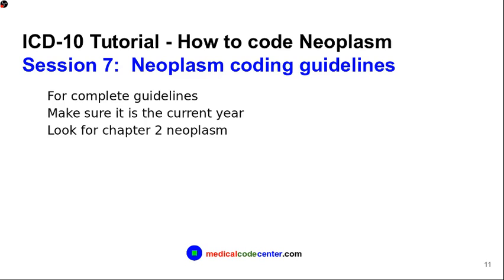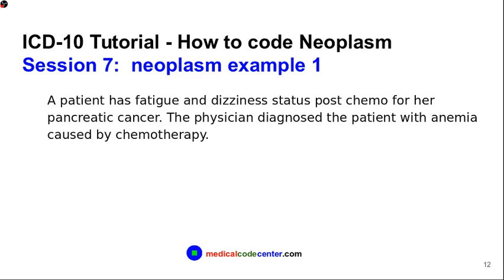Let's go back to our slide. Next we will code a concrete coding example. A patient has fatigue and dizziness status post chemo for her pancreatic cancer. The physician diagnoses the patient with anemia caused by chemotherapy.